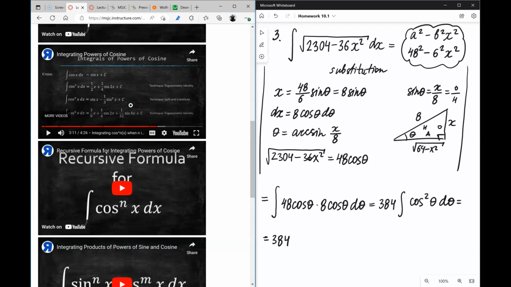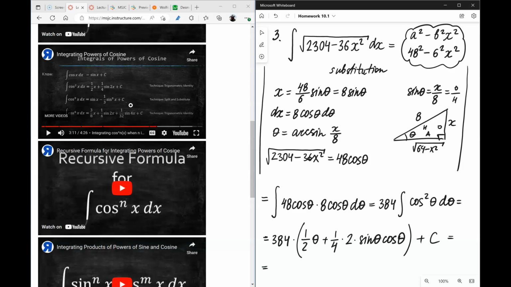And integral of cosine squared is 1/2 of theta plus 1/4 of sine of 2 theta, but instead of sine of 2 theta, I'll be writing 2 sine theta cosine theta using the double angle identity. So this is the answer in terms of theta, but remember, we don't need it in terms of theta, we need it in terms of x.